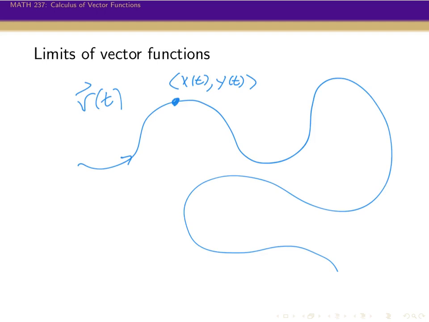I mean, deep down, this is still a curve. And all of the calculus, the limits and such that you did in Calc 1 were really limits on curves. And so these are fundamentally the same thing. And so the limits are going to be the same thing. Just some of the notation's going to be different.